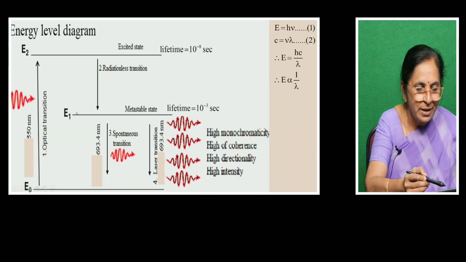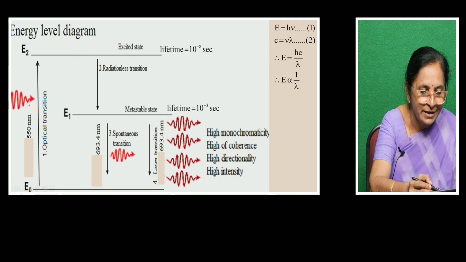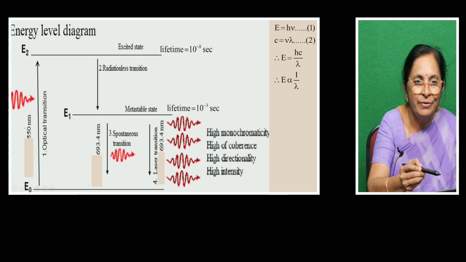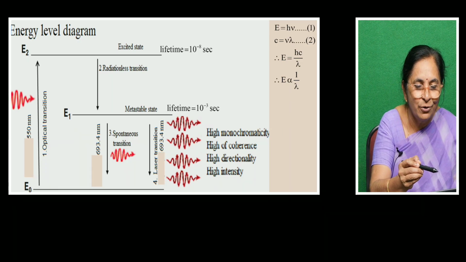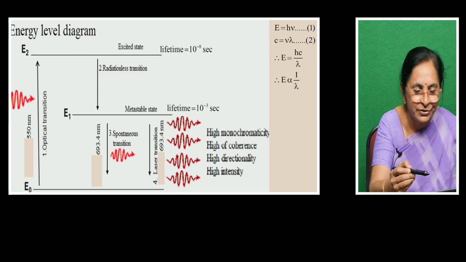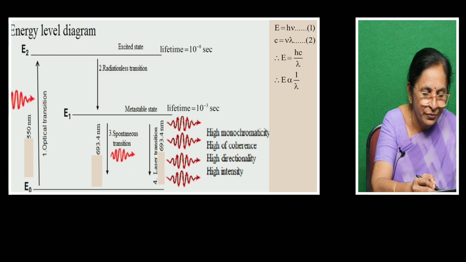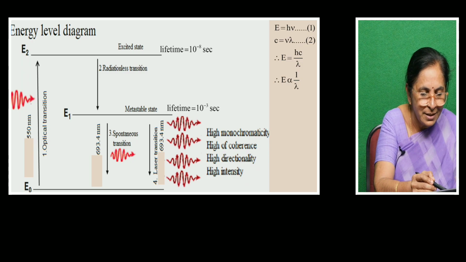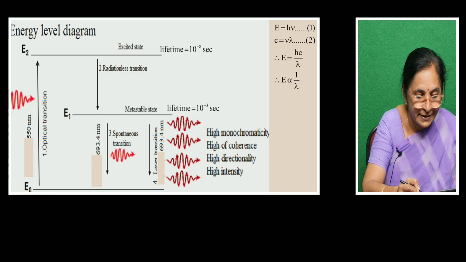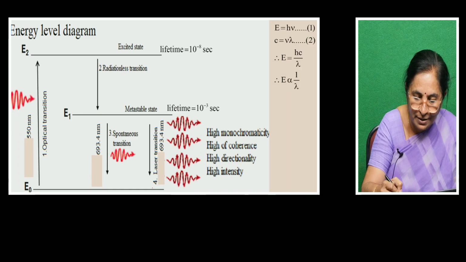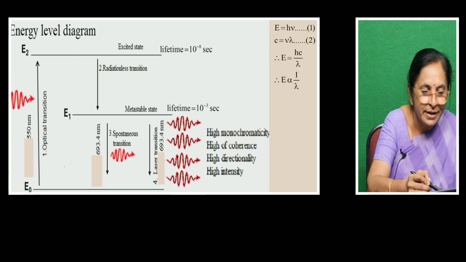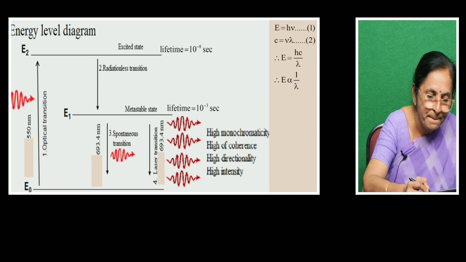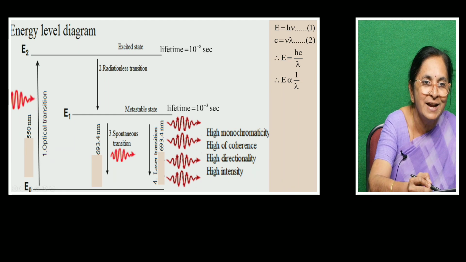Now, we send a flashlight of wavelength 550 nanometer. So when we switch on, the xenon flash lamp will send a flash for milliseconds with wavelength 550 nanometer. So this photon will excite the chromium ions which are in the ground state to the excited state. This is what is called optical pumping or optical transition.